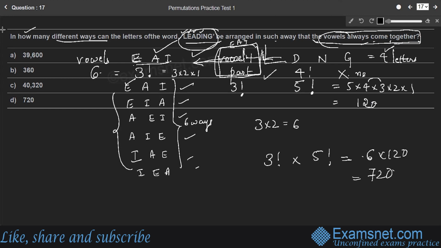So these are arranged in 5 factorial different ways, which is equal to 120. Therefore, the total number of ways in which the letters can be arranged is the product of 6 into 120, which is 720. Option D is the right answer.